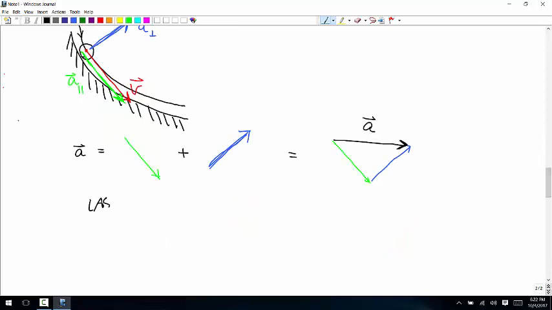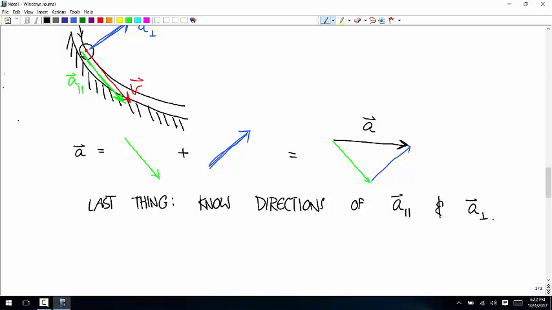So the last thing is we know the directions of A parallel and A perpendicular, but not the magnitudes.